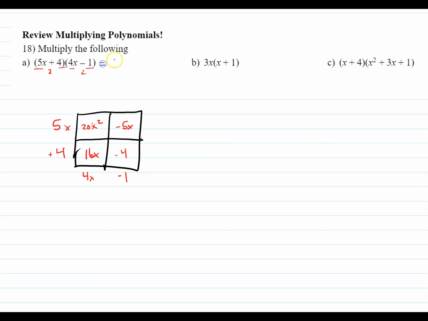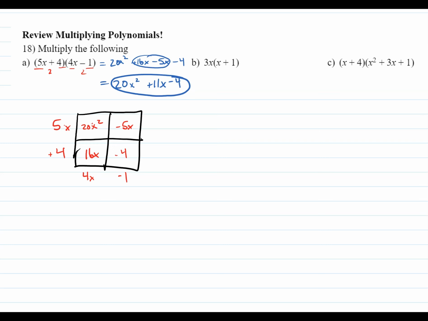So this is equal to 20x squared plus 16x minus 5x minus 4. You add these all together. Don't forget to combine like terms. So this is equal to 20x squared plus 11x minus 4. And that's my answer.